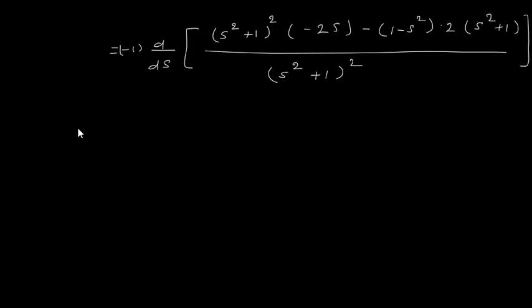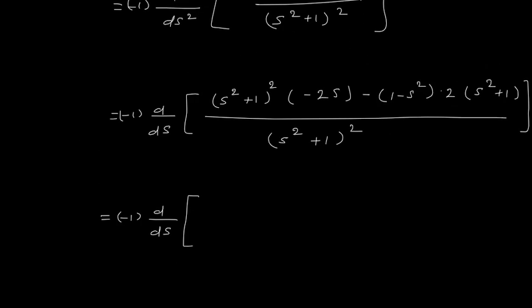So this will give me, this is equal to minus 1 d upon ds. Now here it is s square plus 1. If you see, you can take common. Okay, let me see. The denominator I have to write s square plus 1 the whole power 4. Okay, because s square plus 1 the whole square, again I will do square.